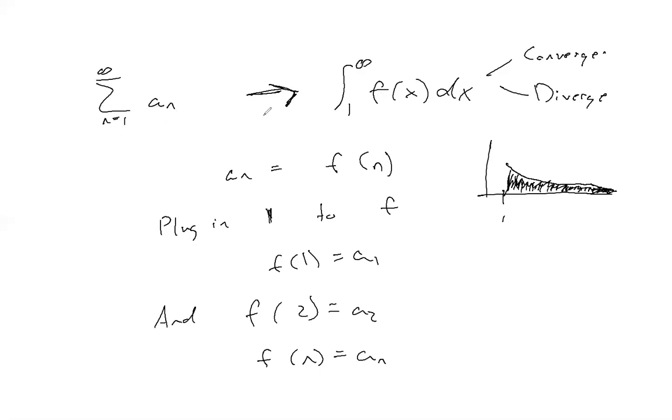Okay, so we already have the tools in our toolbox to tell whether this integral is convergent or divergent, right? So we're going to be given a series from 1 to infinity that meets some nice criteria, and we're going to turn it into an integral. And then we're going to use our previous tools to determine whether that integral converges or not. And then whatever we find out, the same is going to be true of our series. So we can see it's building on knowledge we already have, and it's going to be very useful.